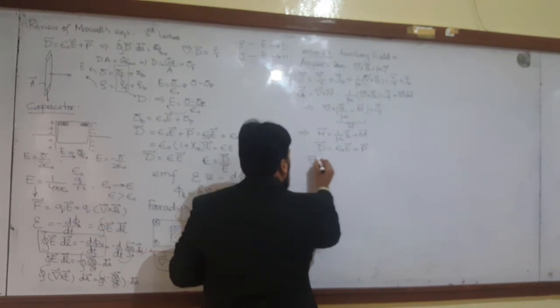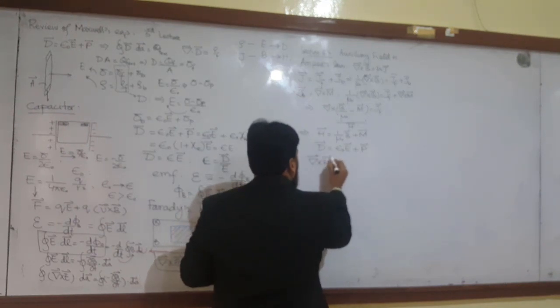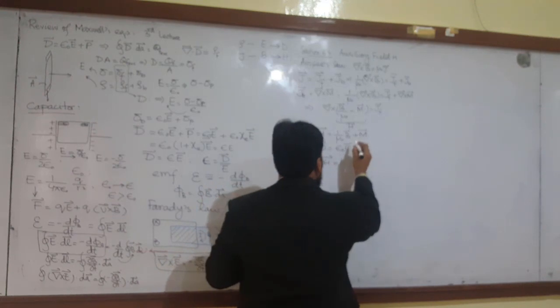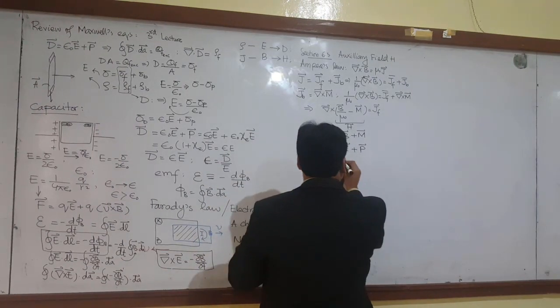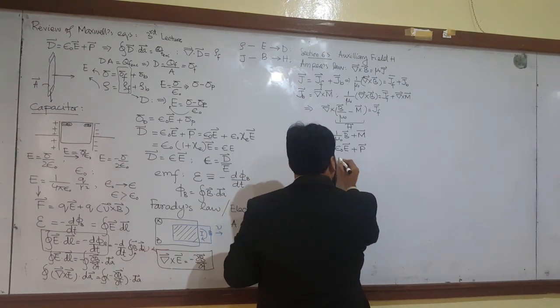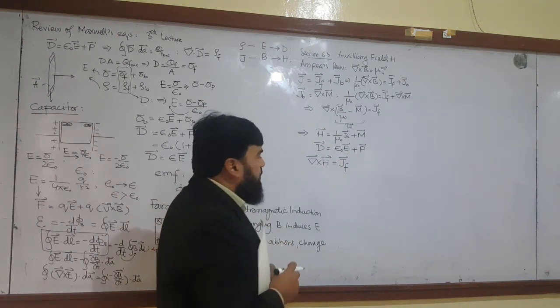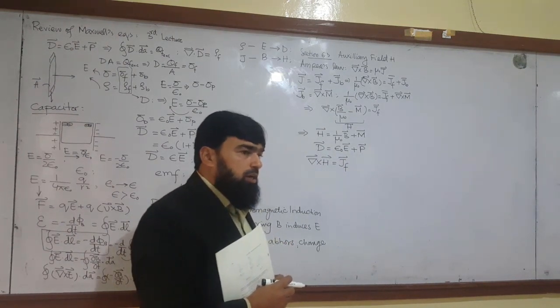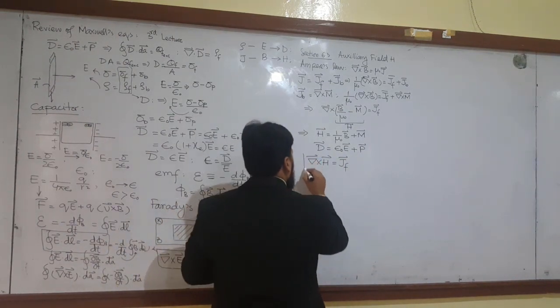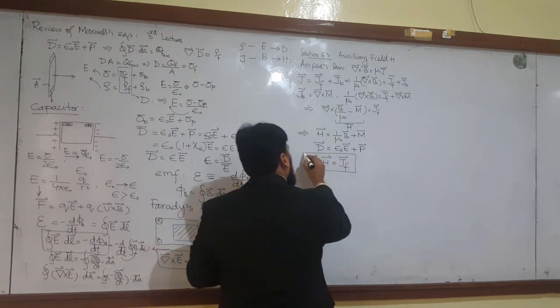So the difference here is just like we explained for the electric field, and I can write that del cross H is equal to Jf. And this is the differential form of Ampere's law for a material. What kind of material? That material which can be magnetized.